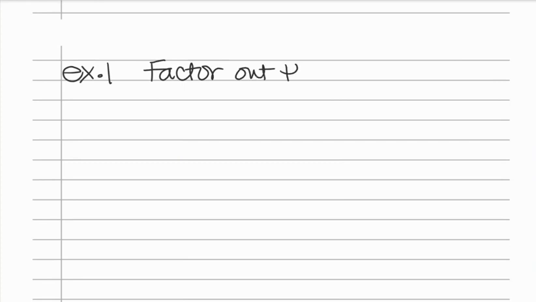All right, so let's take a look at our first example. And we're going to factor out the GCF of this expression. So our expression is 18x squared minus 50y squared.